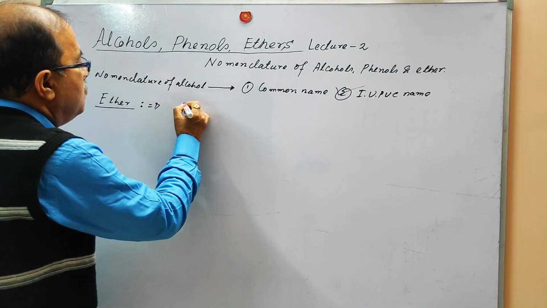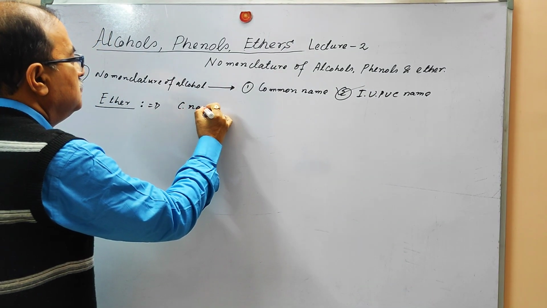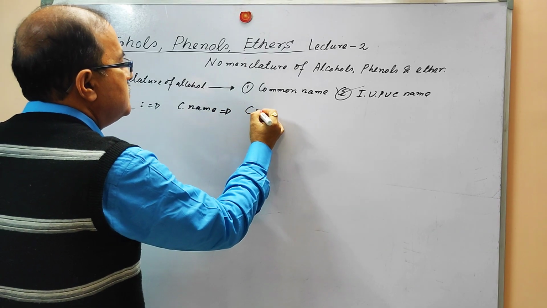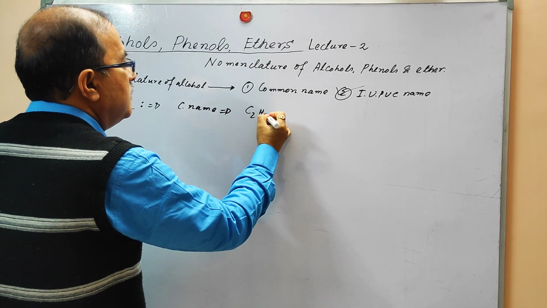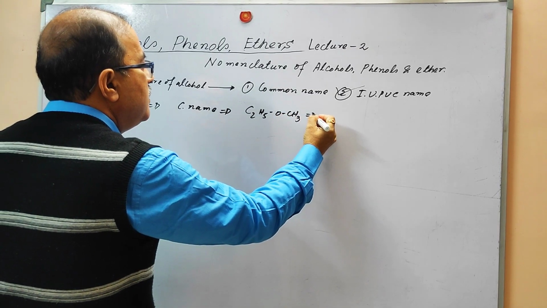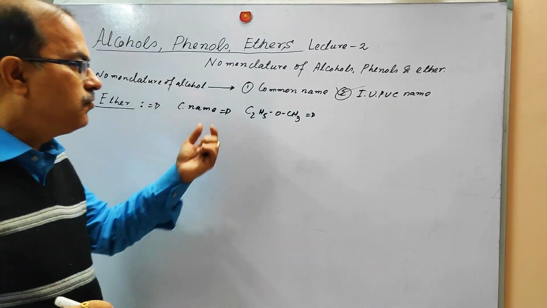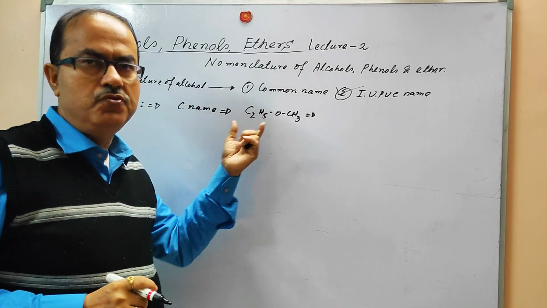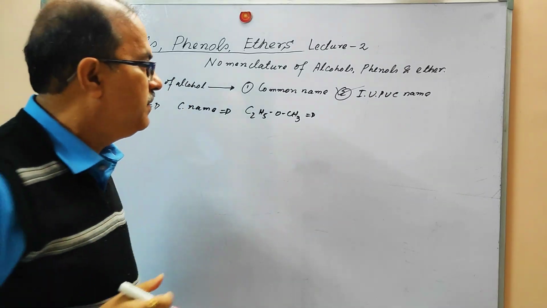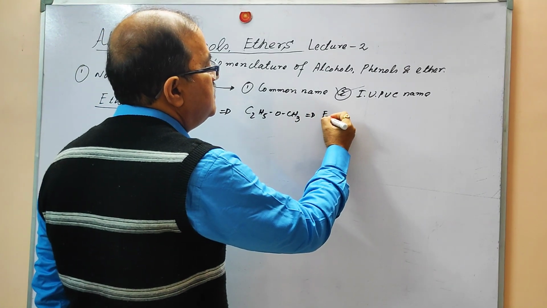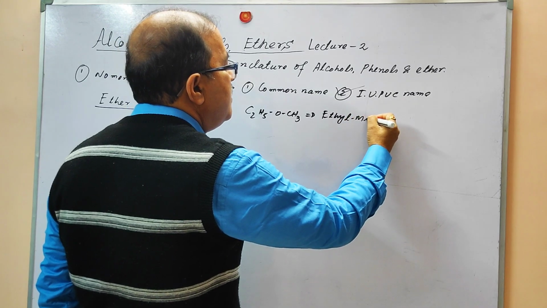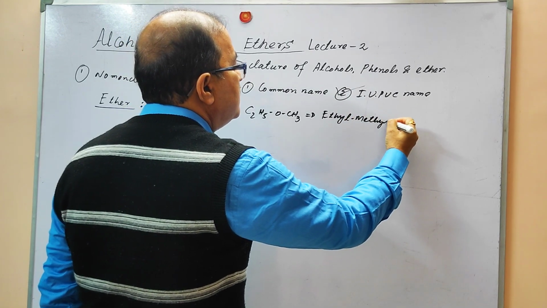As for example, suppose this is the ether. Its common name will be: we have to name both alkyl groups and put them in alphabetical order. So we write ethyl methyl ether.